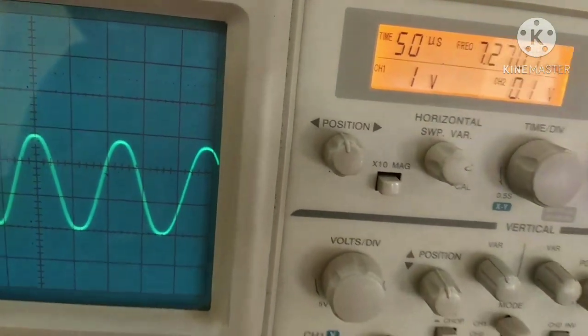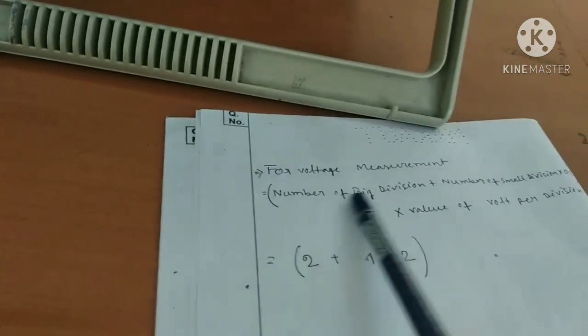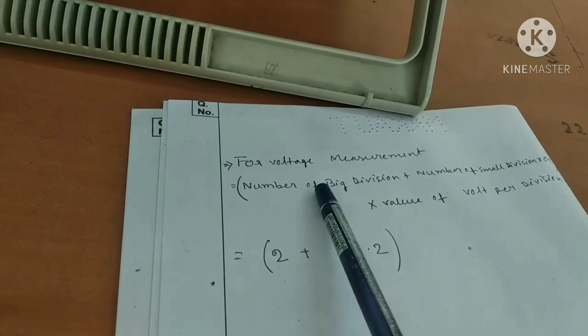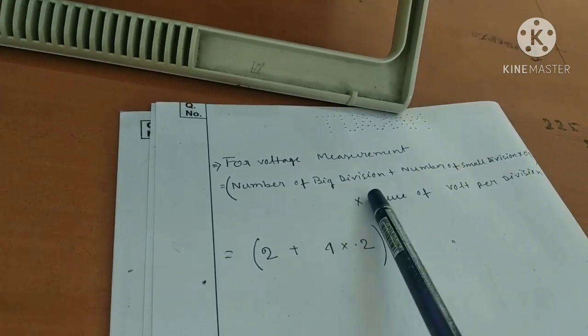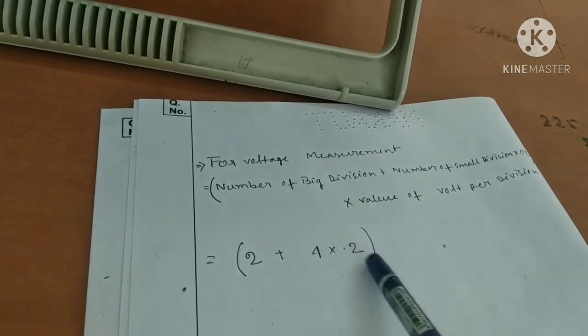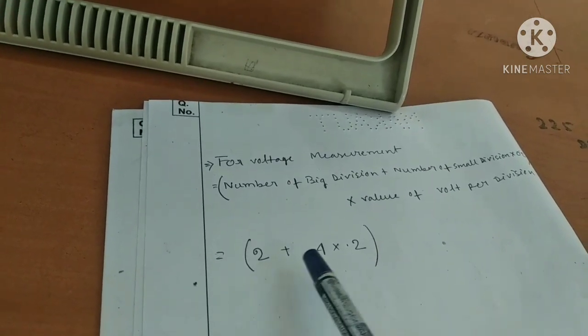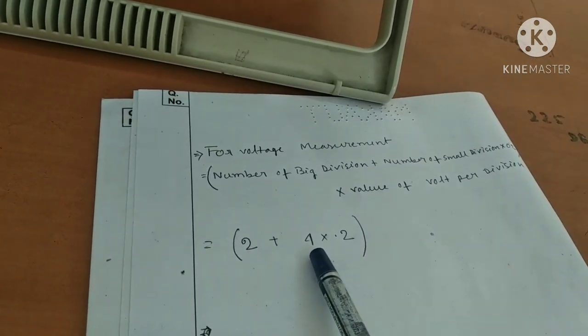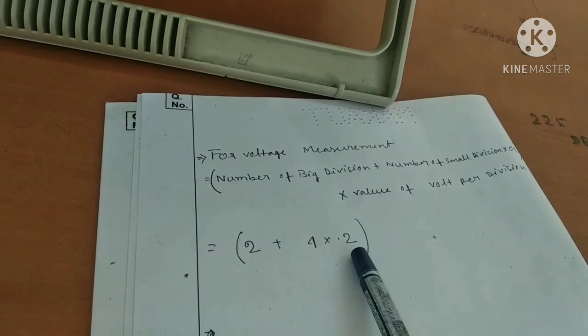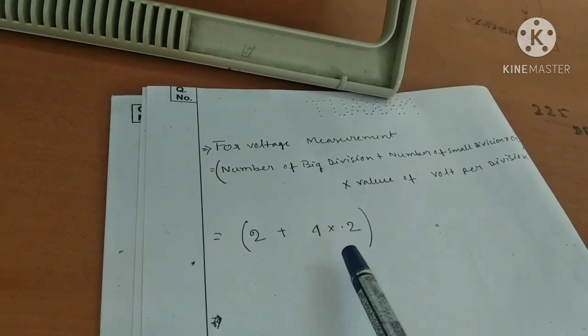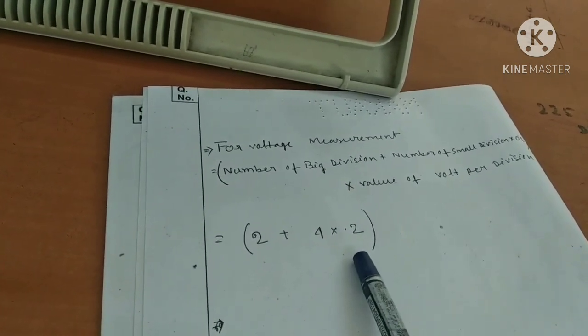Then we can calculate the voltage of that signal: the number of big divisions plus the number of small divisions, that is 2 plus 4 times 0.2, because one small division is 0.2.